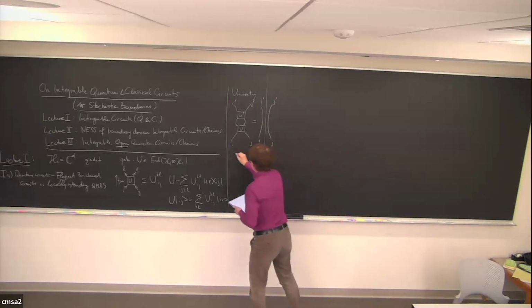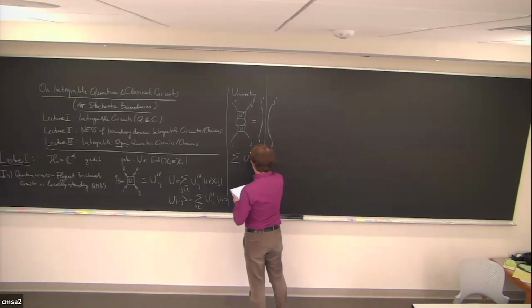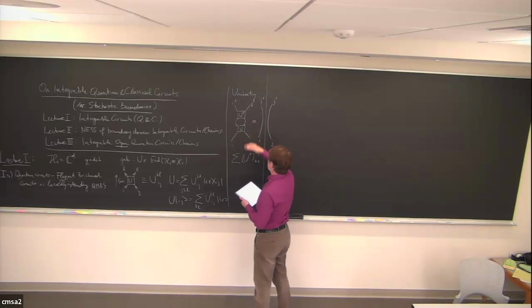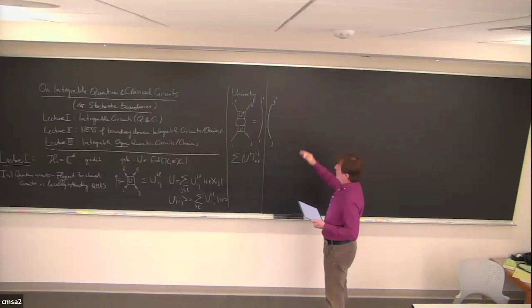Just to give you what this diagram means: this is a tensor network notation, right? These are tensors, which have three indices, three legs. When these legs are connected, these indices are summed over.